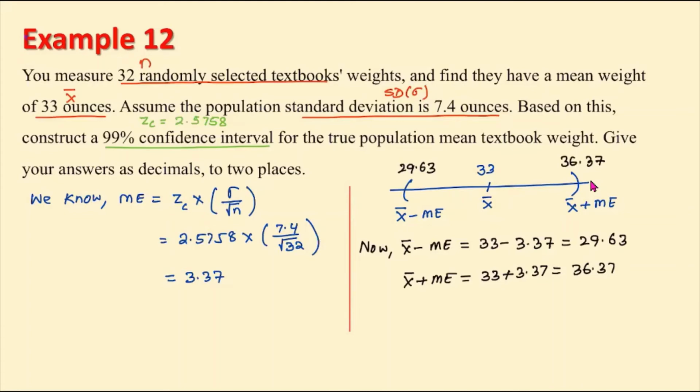So we can say that the true population mean lies between these two values, and we can say that with 99% confidence. So finally, we can write our confidence interval: your mean is between 29.63 and 36.37. So that's our confidence interval. The mean lies between these two values.